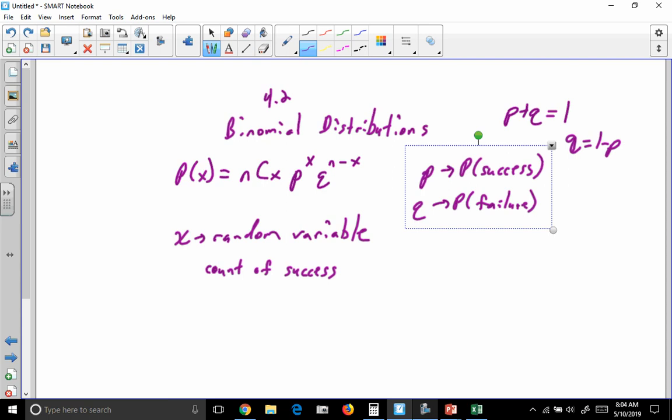I'm successful if I make a good grade on my test, or if I get a job, or if something favorable happens. But in a binomial distribution, success just means that our random variable occurred, whatever it is that I'm counting. It's success if I find those. If I don't find the thing that I'm counting, then it's failure.